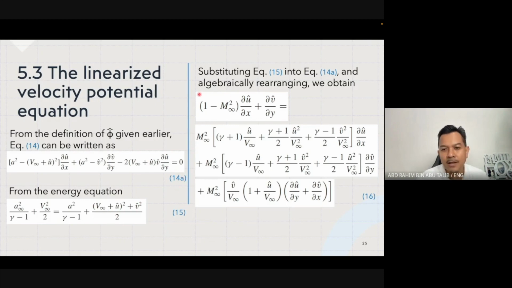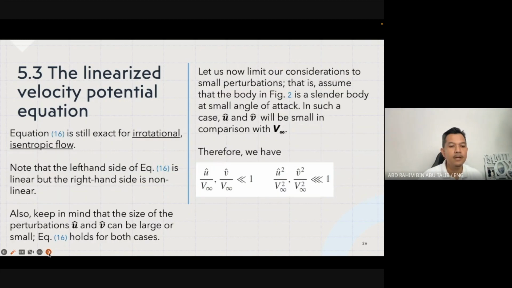You will then get the expression for equation 16, which is expressed over here. You have the component of the free stream Mach number as well. So equation 16 that we obtained in the previous slide is still exact for irrotational isentropic flow.